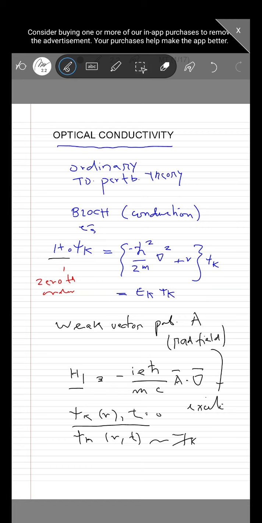Now we can calculate the transition rate between the occupied state psi k and an unoccupied state psi k dash. So our main objective is to find the transition rate of the electrons.